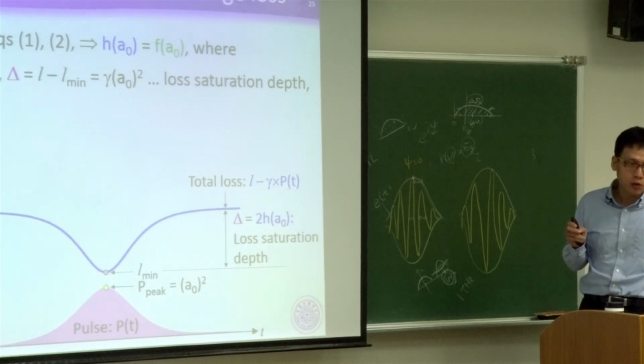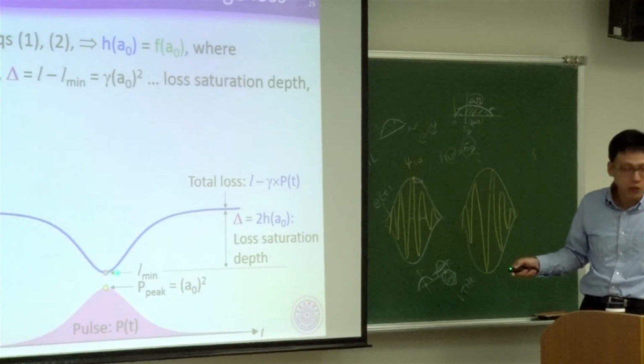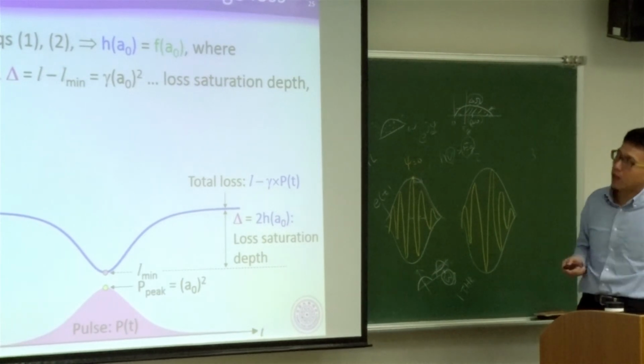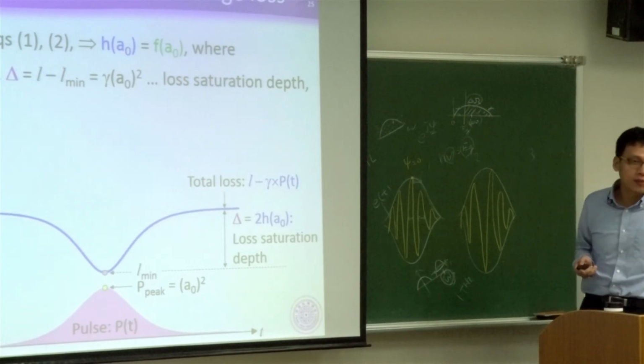That means the loss corresponding to the laser peak, right? So L minima is here. The difference between them, L minus L minima, is specified by a big delta. And the big delta is the so-called loss saturation depth, right?